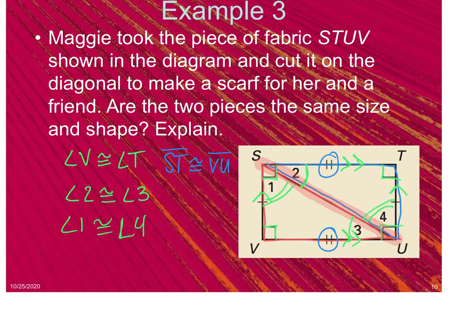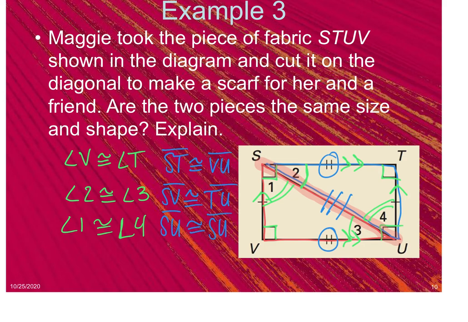Then we've got SV is congruent to TU. And now the third side is SU. Now that is a shared side between the two triangles, so it must be congruent to itself. So we would just write SU is congruent to SU. That is the reflexive property of congruence.